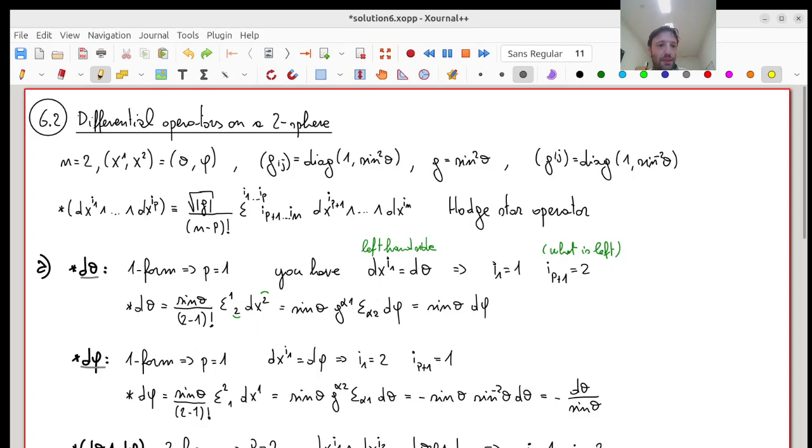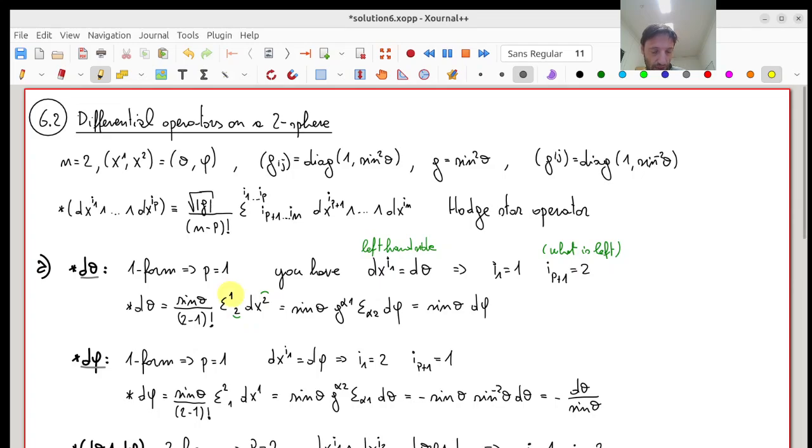Then what do we have? We have the Levi-Civita, and the only thing that you need to remember about the Levi-Civita is, because it's totally antisymmetric, you need to remember when it's plus 1 and when it's minus 1. These are the only two values allowed, and it depends on how the indices are displaced. So we are basically using this.